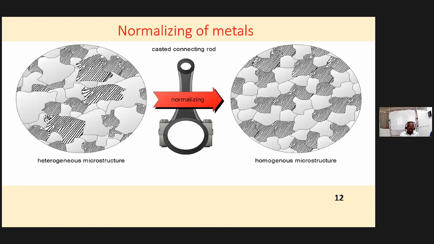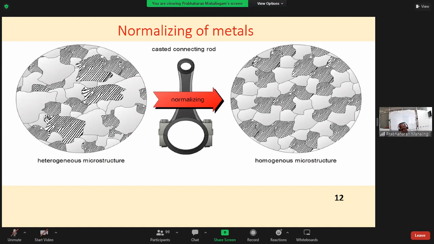It is not arranged properly, so it is sometimes too difficult to handle. So we have the normalizing process, actually a heat treatment, then we can easily obtain a homogeneous microstructure.